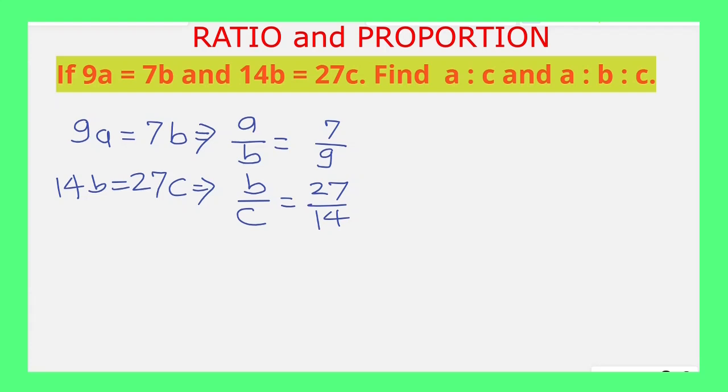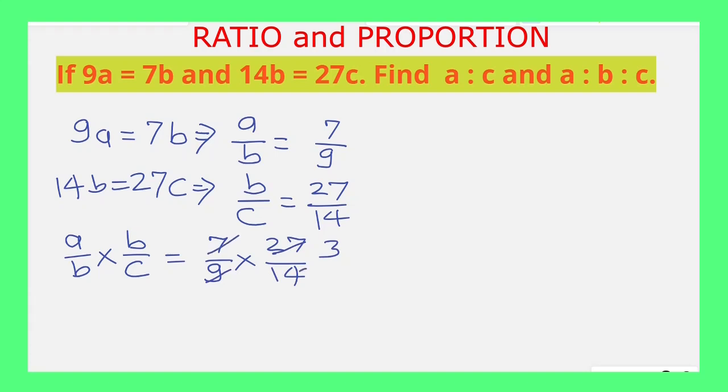If we multiply these, then what we get? A upon b multiplied by b upon c. This is equal to 7 upon 9 multiplied by 27 upon 14. 9 cancels 27 for 3 times and 7 cancels 14 for 2 times.